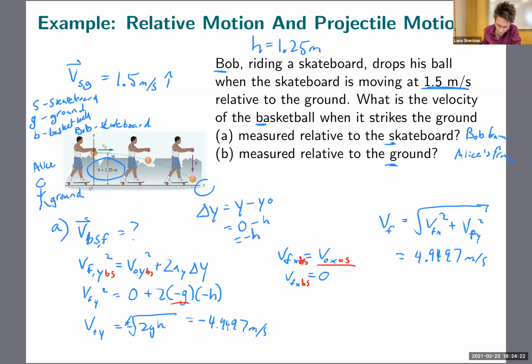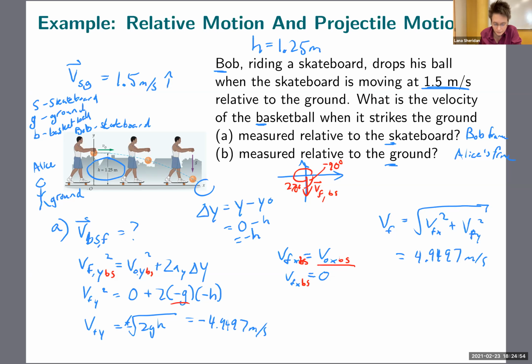And then the angle, well, you tell me. Let's measure the angle from the x direction. What angle is it going to be moving at if it only has a negative y component? Straight down, yes. You can parameterize this as minus 90 degrees, or as 270 degrees.